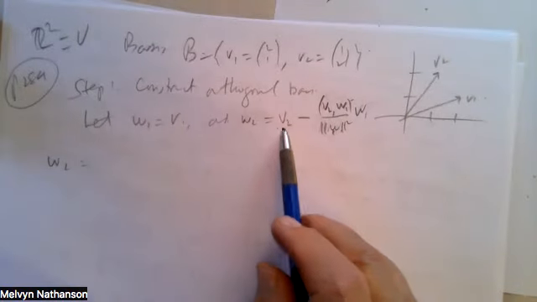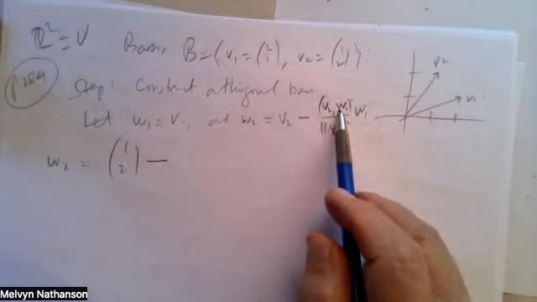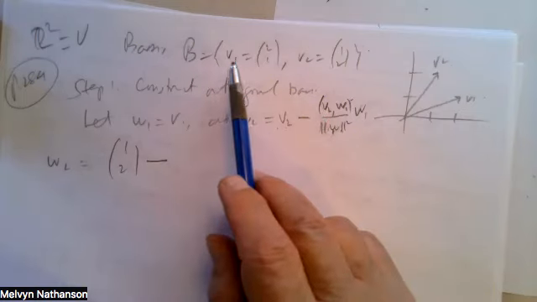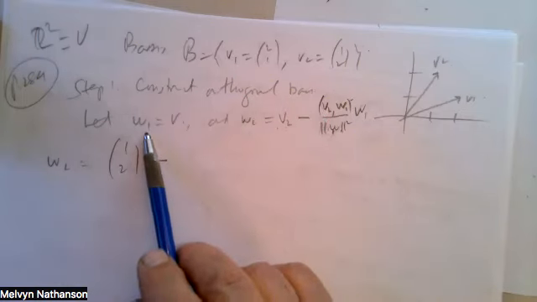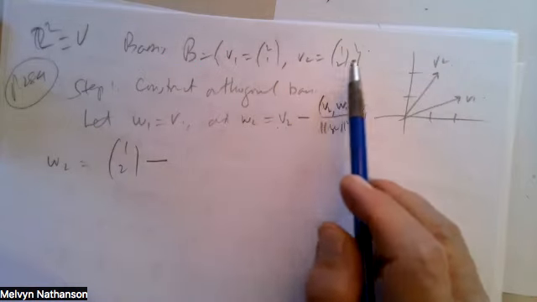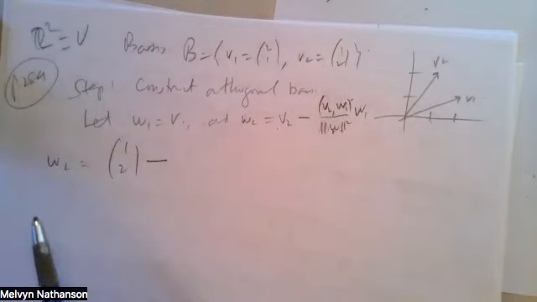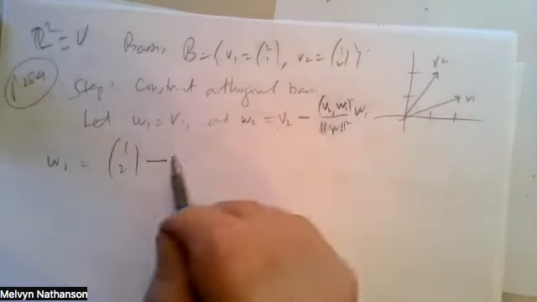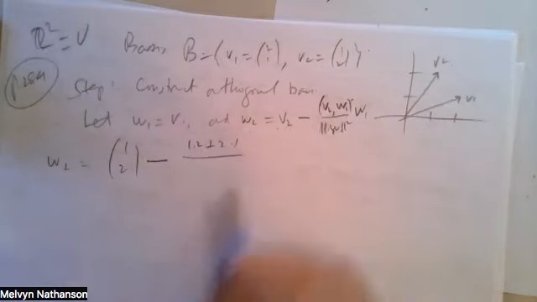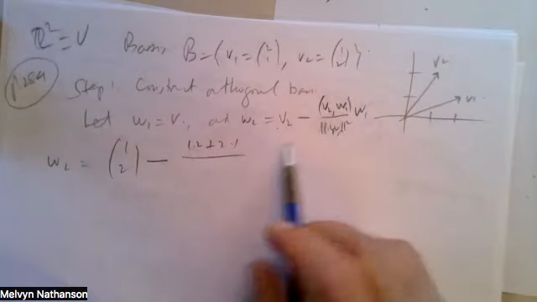So what is that? V2 is the vector 1, 2 minus the inner product of V2 and W1, which is the same as V1. The inner product of V1 and V2, or W1 and V2, is the same thing: 1 times 2 plus 2 times 1, divided by the length of W1 squared.